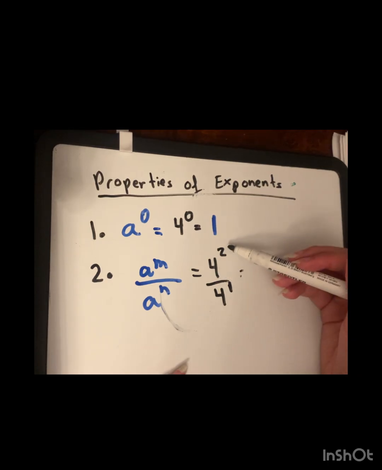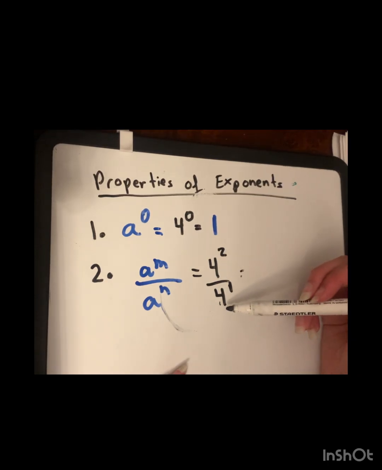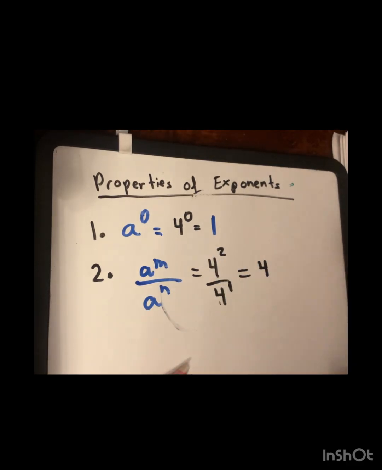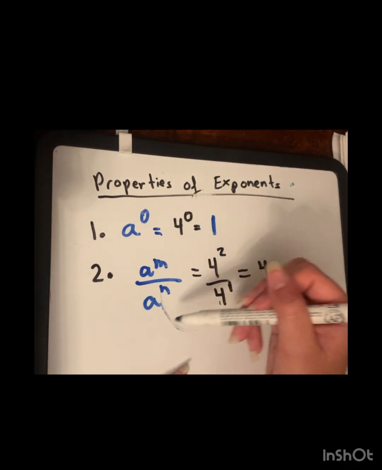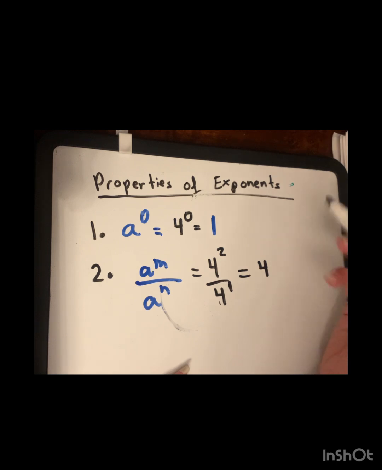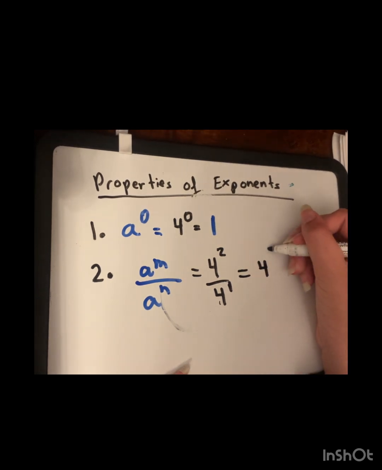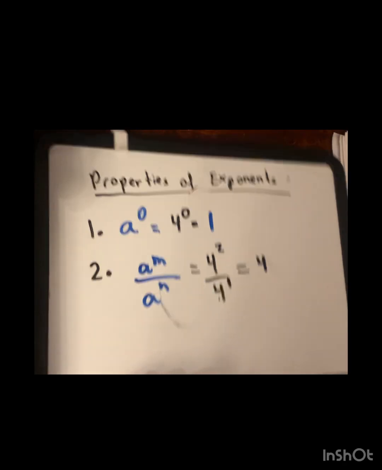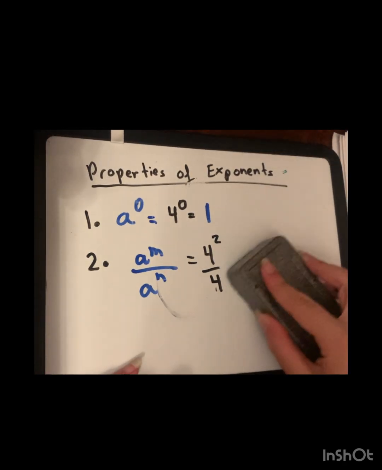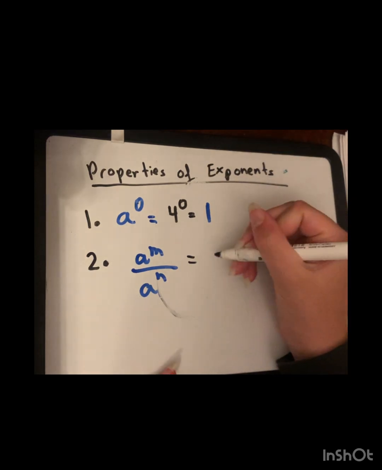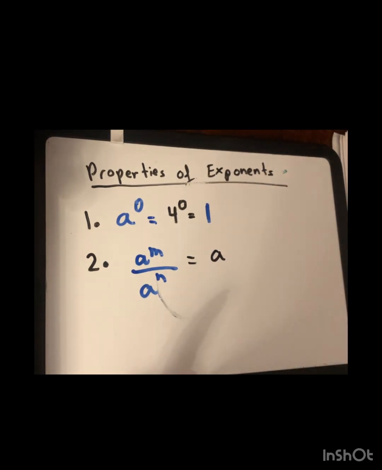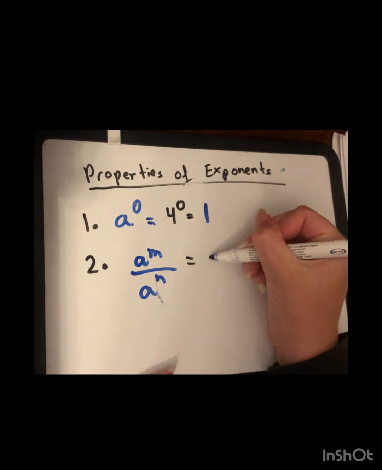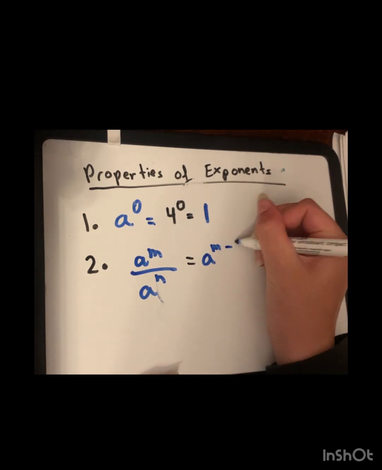So 4 to the power of 2 divided by 4 to the power of 1. You leave the coefficient the same, and you subtract the exponent. So 2 minus 1 is 1. In this case, you don't have to show it. But the property of this exponent, which I'm very sorry I didn't write it, I'm using the wrong markers today, is a to m minus n.